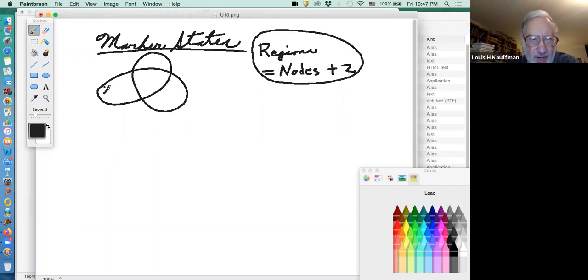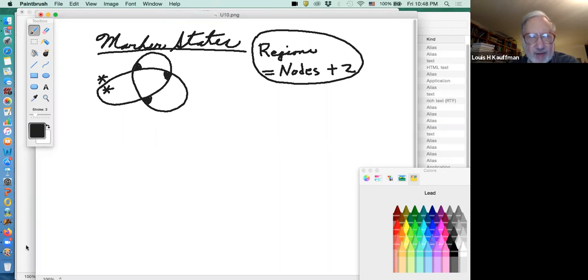So if I were to knock out 2 regions, then it's possible to have a one-to-one correspondence between the nodes and the remaining regions. And so I can do the following kind of thing. I can choose to mark from this region that node. I can mark from this region this node, and I can mark from this region this node.